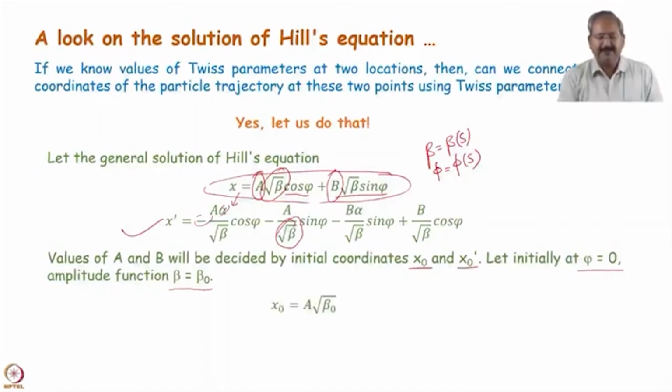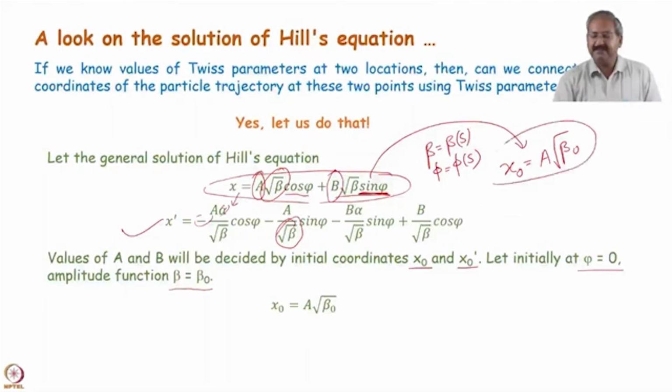So if here we put x is equal to x0, then root beta is root beta 0 because it is the initial, then cos phi, because we are taking the initial phi as 0, will be 1, and the sin phi term will be 0, so we will have x0 is equal to a root beta 0, which is written here.